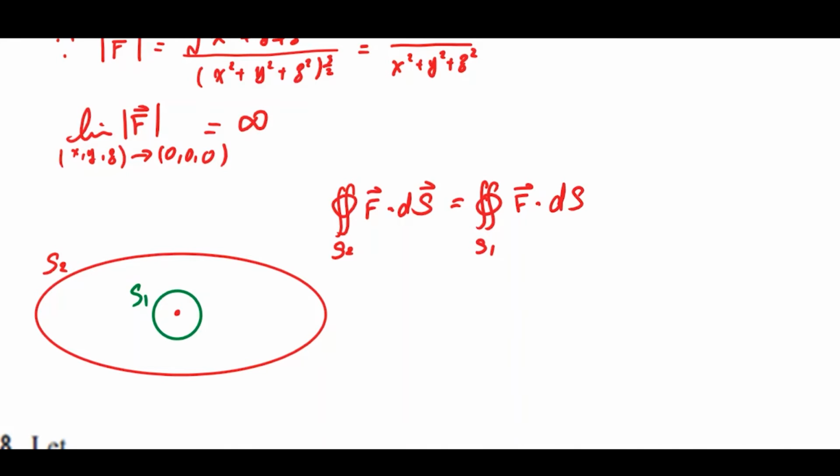What do you say to that statement? Is it true? Yes, because everything that is coming out here, what color do I want to use? Let's say blue. All of the charge that is penetrating one surface.